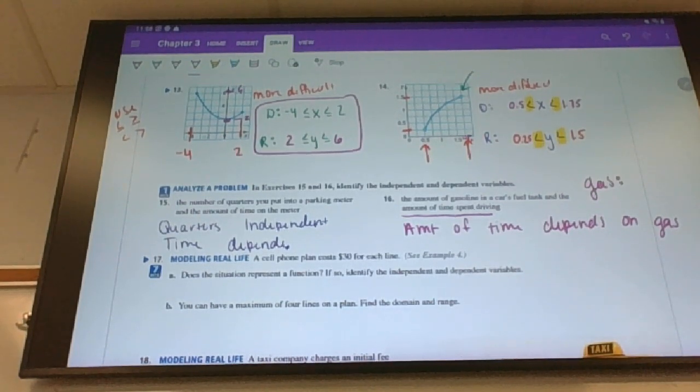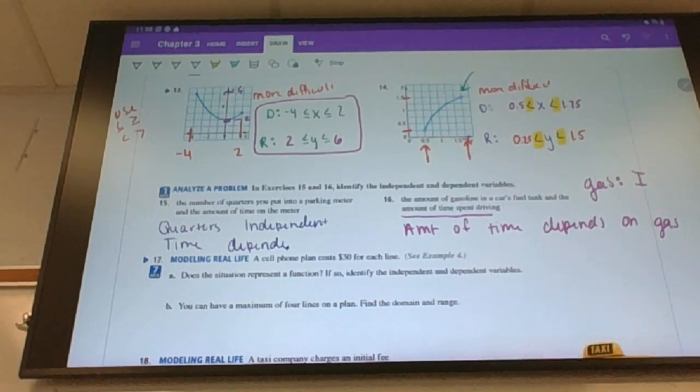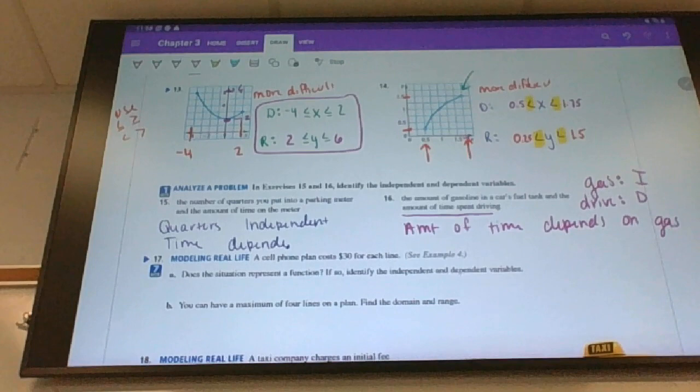Alright, so your gas is your independent, and the amount you can drive is dependent. Time is almost always independent, but this is actually the amount you can drive is dependent.